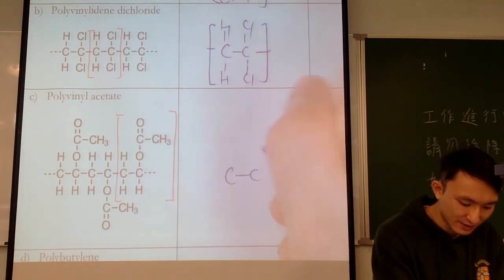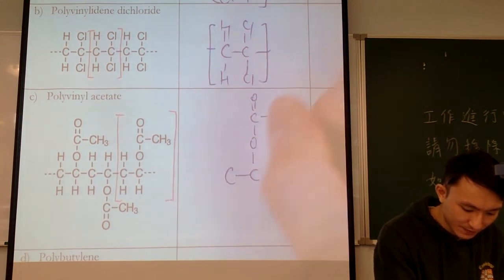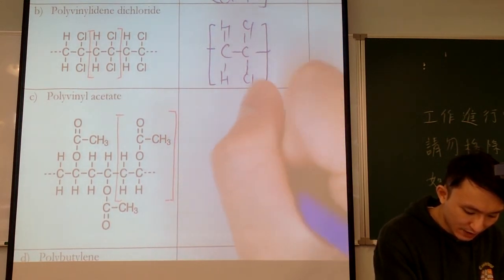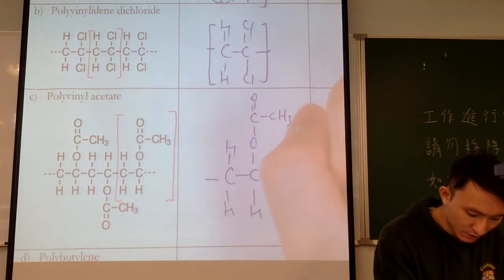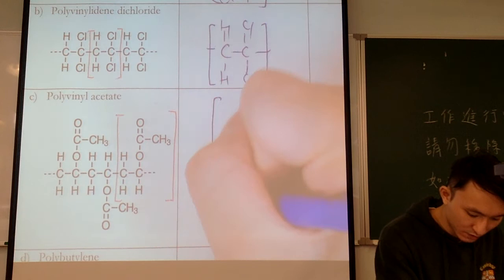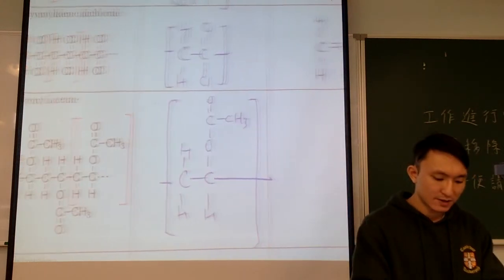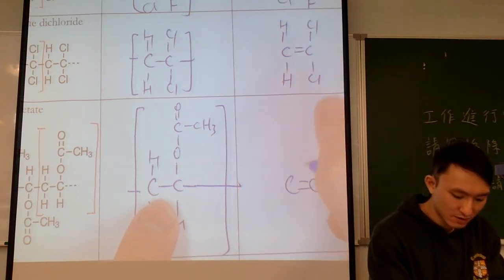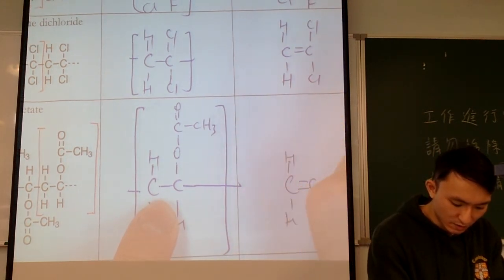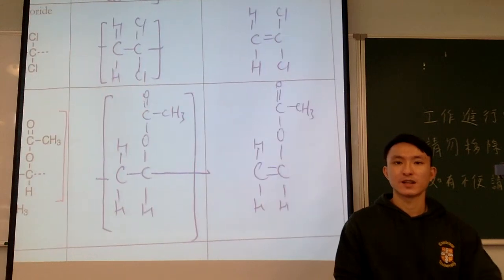So the repeating unit is like this: C double bond, O, CH3, H H H. Then for the monomer, all we have to do is to put down the CC double bond, just like this.